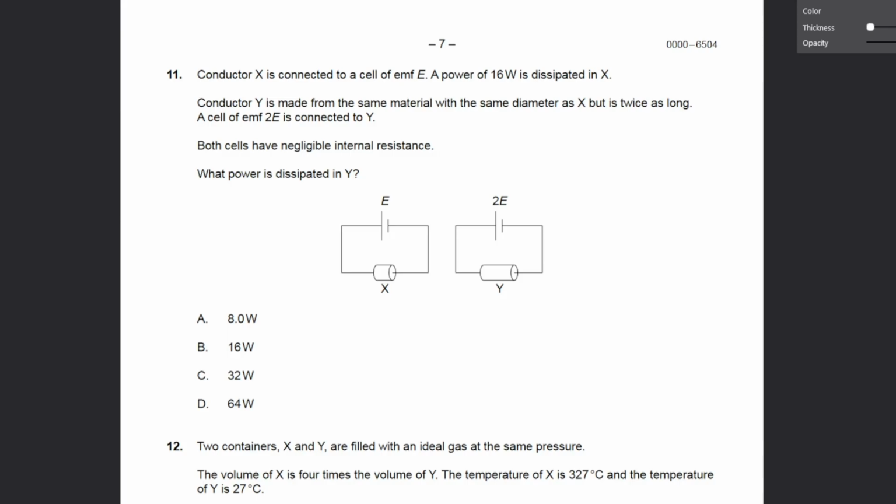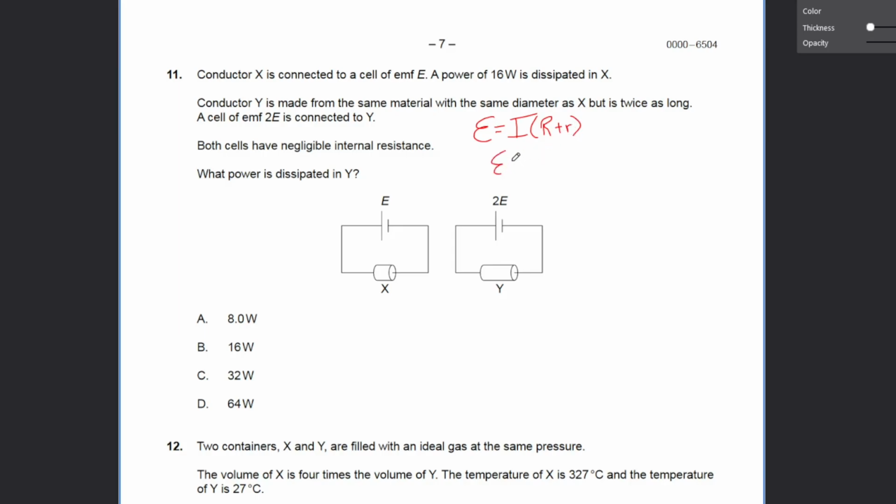Alright, so we're looking at EMF. It says EMF here, but it also says negligible internal resistance. So I know the equation for EMF is EMF is equal to I times big R plus little r. And this little r is the internal resistance, which is going to be 0.